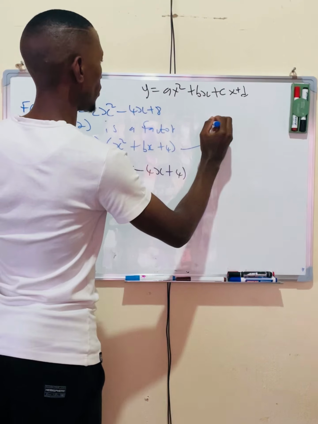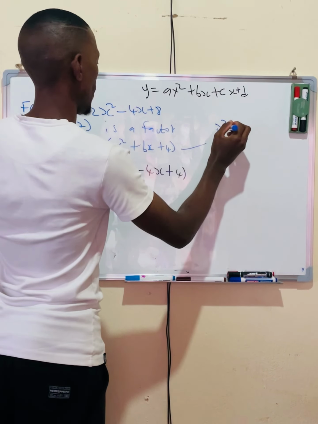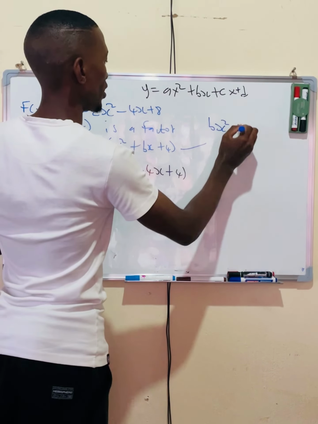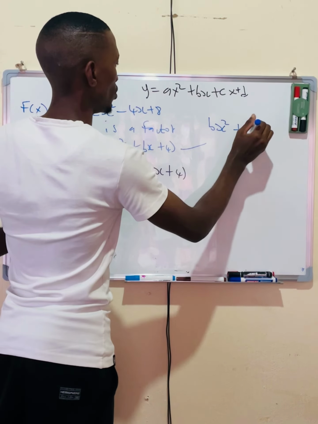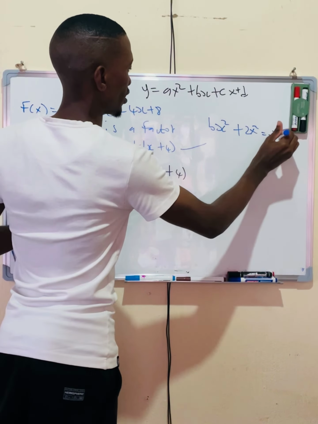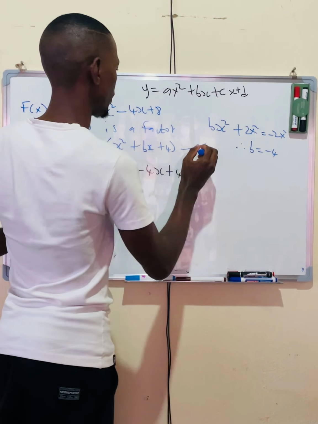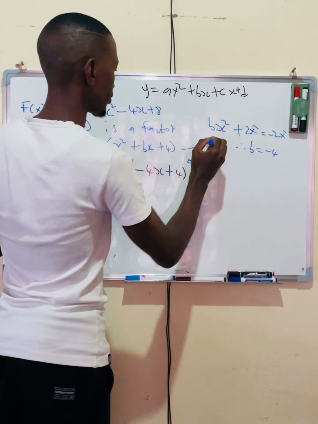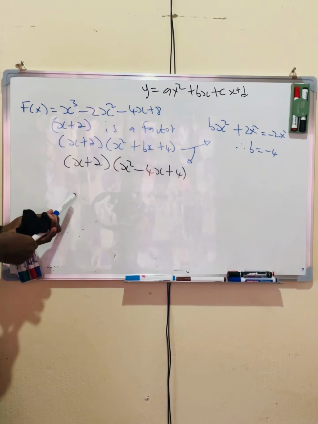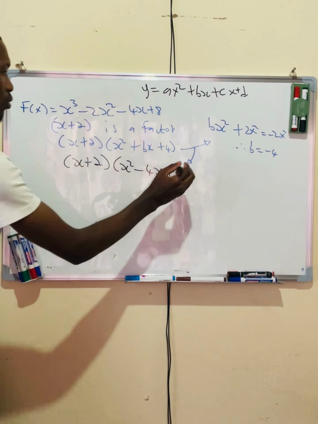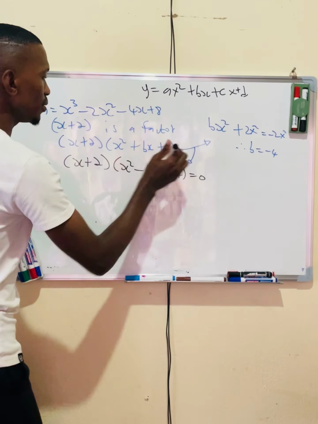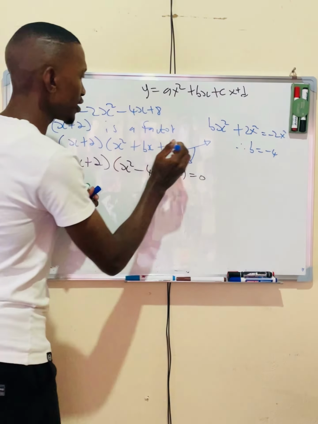We did that one of bx squared plus 2x squared. We said equals to negative 2x squared. We found that the b was negative 4, right? Yeah, which is this one. Okay, then from there, we know that this thing equals to 0. Let's not forget it equals to 0.